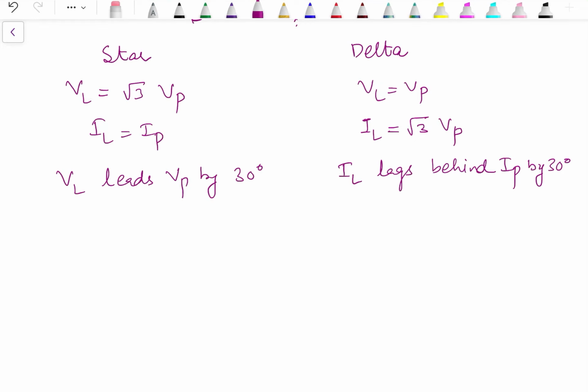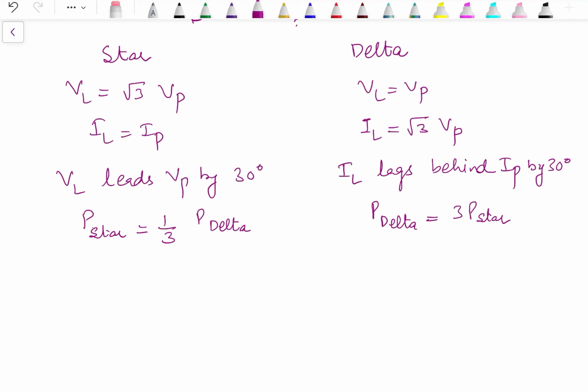We have the power relation as well. Power in case of star is 1 by 3 of power in case of delta, or we can say for delta, P delta is 3 times the power consumed in the star.